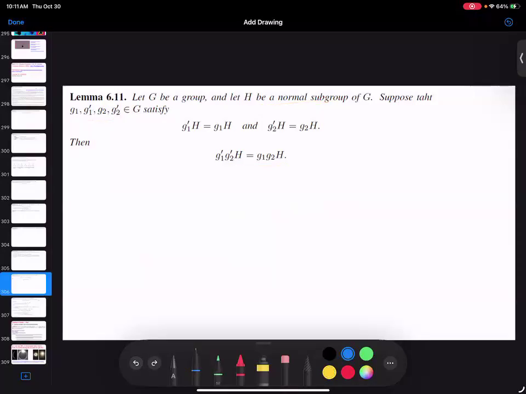So if H is a group, is HH equal to H? What do you think? Yes.